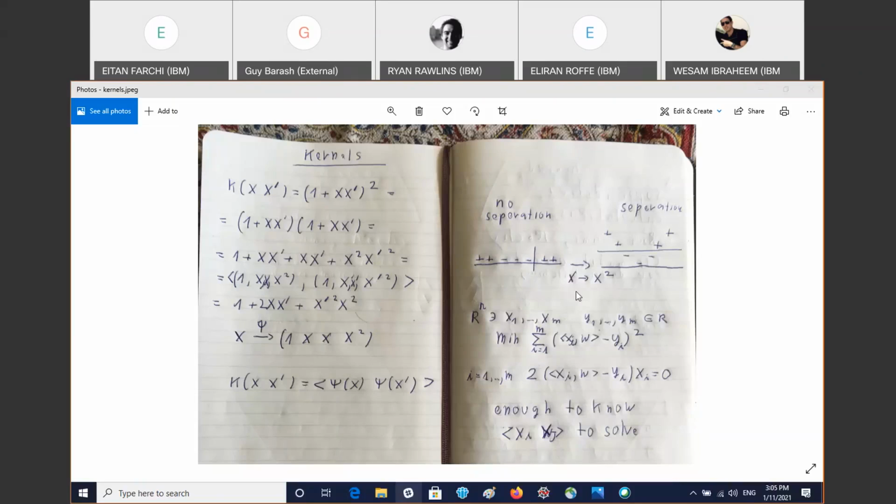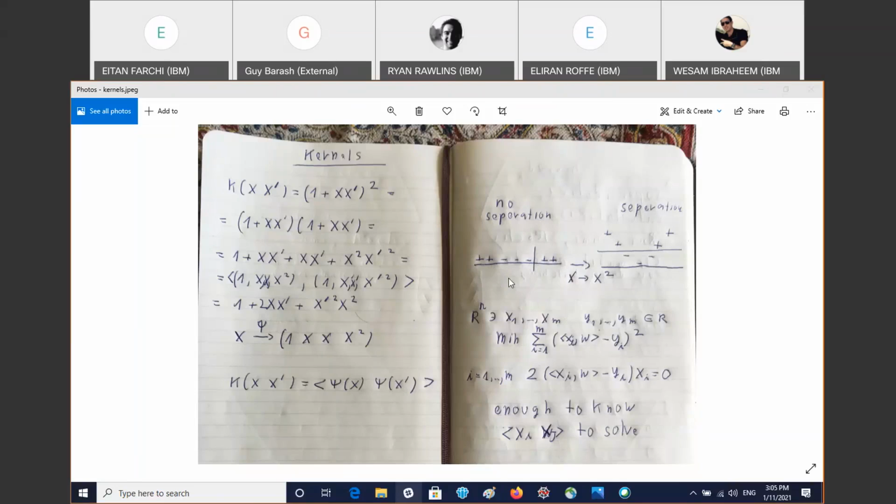So let's look at this drawing here on the top right. You have different points on the line. The pluses are the class that is labeled 1, and the minuses are the class that is labeled -1. Clearly, you can't separate these points into two groups, the minuses and the pluses, using just a single threshold, which is equivalent in one dimension to a hyperplane.